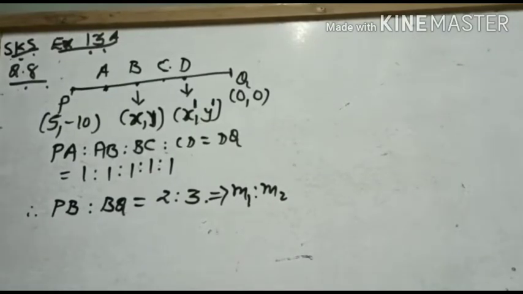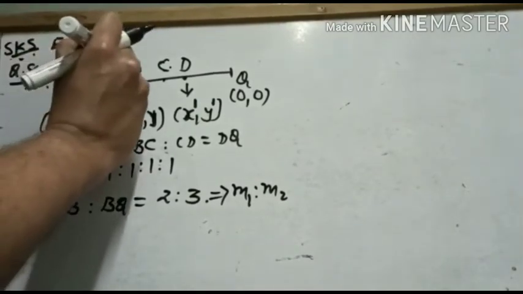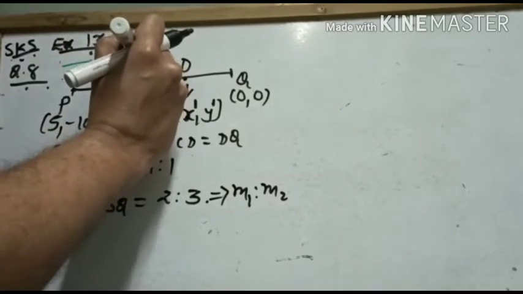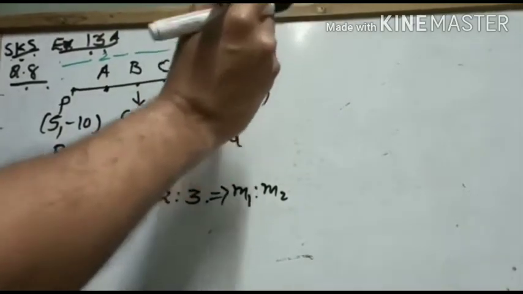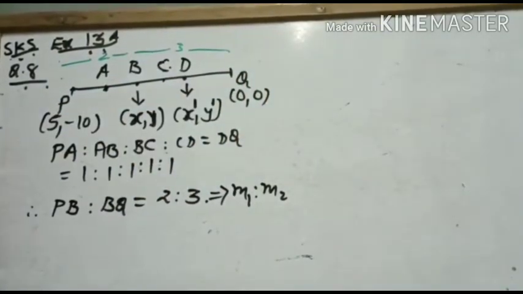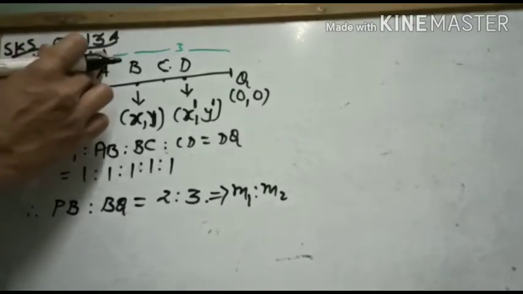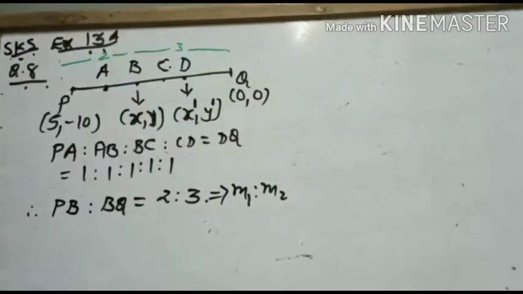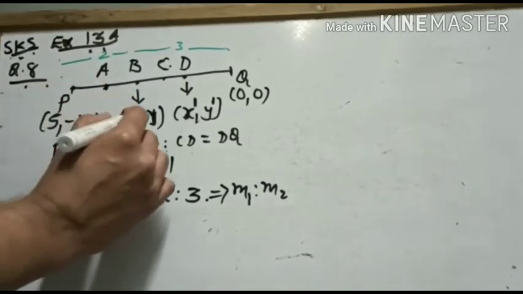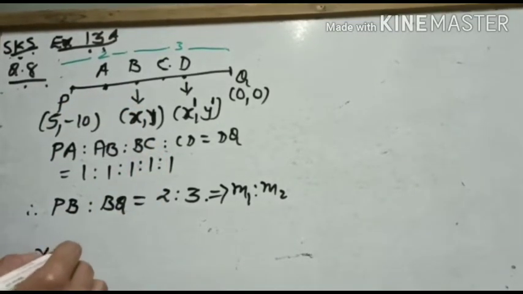So this is 2 parts, here is 3 parts. This is your m1 in this case, m2 is 3.